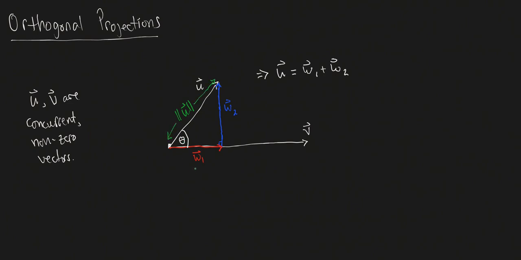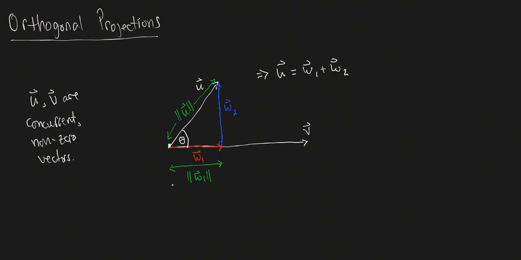right? And then similarly, the red vector here, so we're going to see about finding w1 first. So that distance is just the magnitude of w1, right? That's that length. So since it's a right triangle, and here's my theta, let's think about a trig ratio that would give me the relationship between theta, the magnitude of u, and the magnitude of w1.